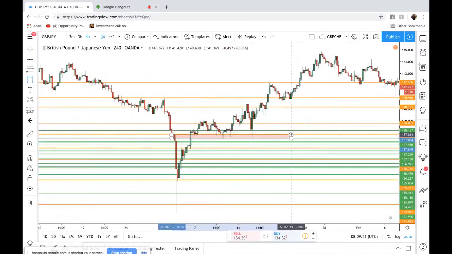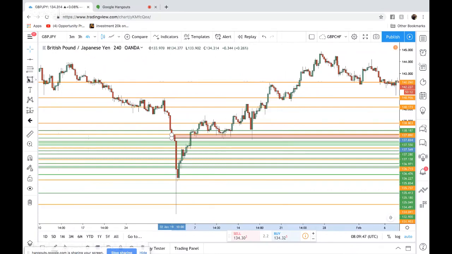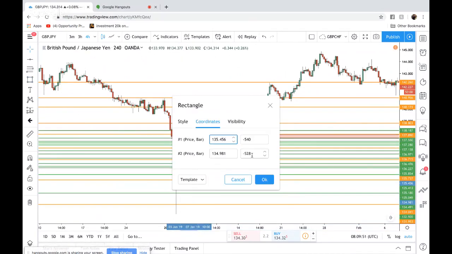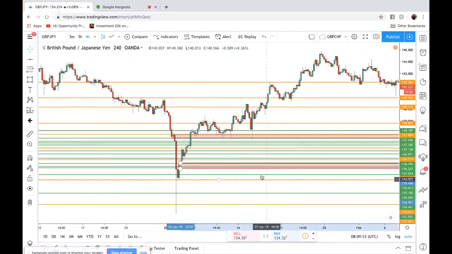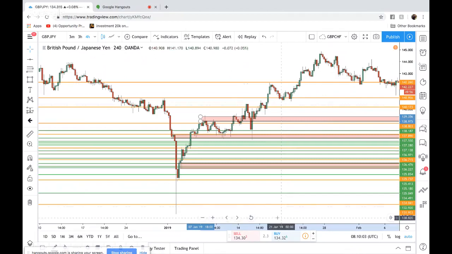Clearly got this zone right here that price has tested. There's this light zone right there. Let's see where we are at.